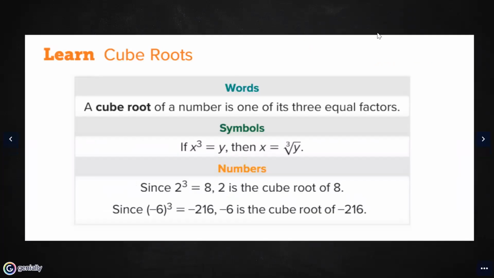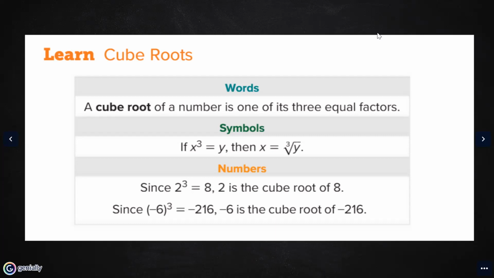Now, let's learn about cube roots. A cube root of a number is one of its 3 equal factors. So, if x cubed is equal to y, then x is equal to the cube root of y.